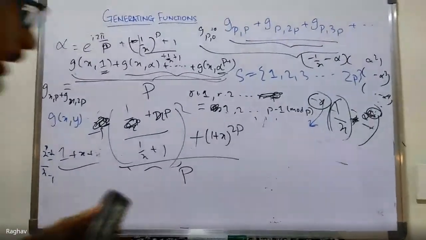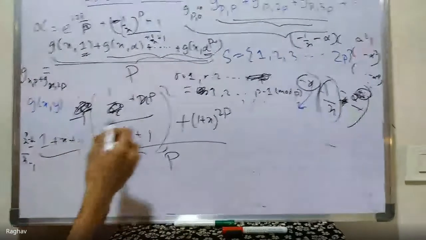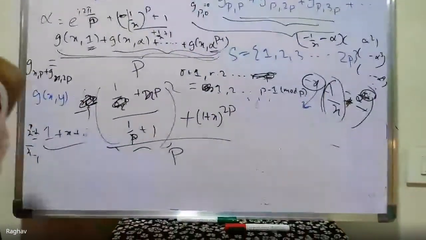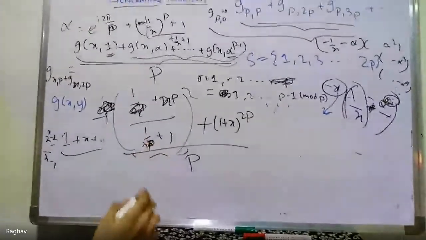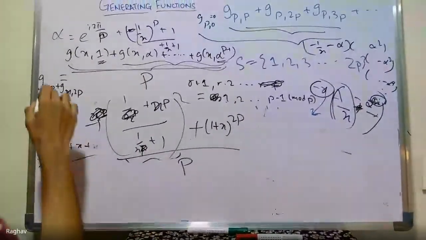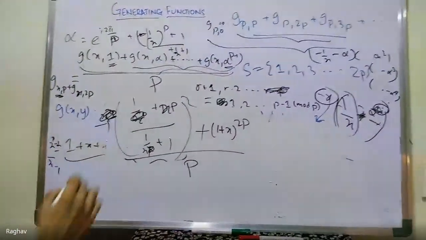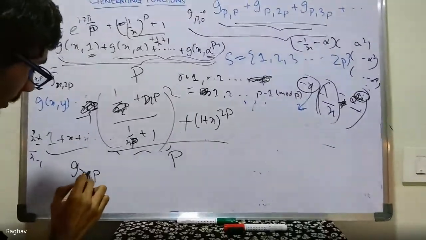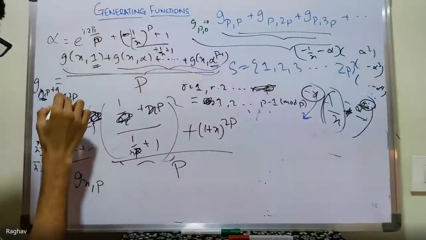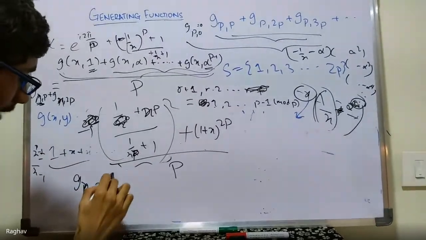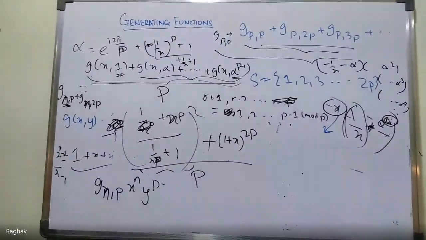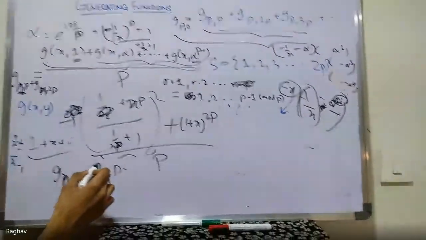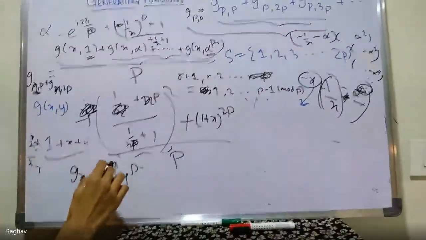Now it's almost done. Basically, you have to put x equal to p in this. Oh wait, not x equal to p. Don't put x equal to p. You want coefficients like g of n. N is like x power n, or like p into something, here p into that thing. So basically, you want g of p, so you need x power p.